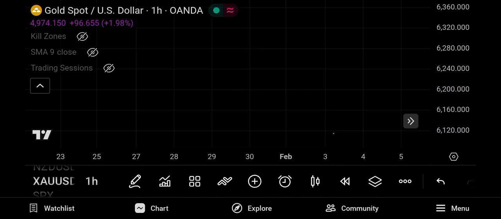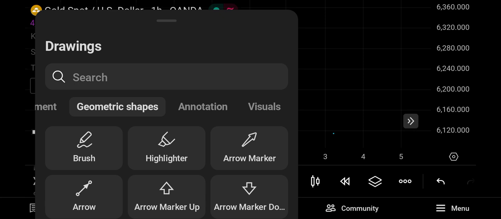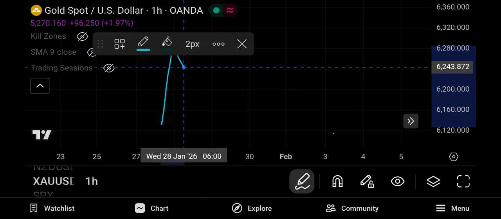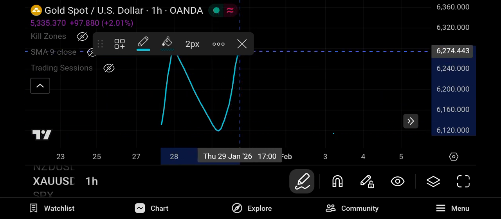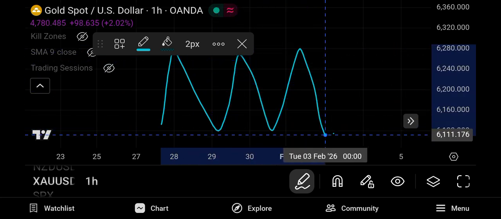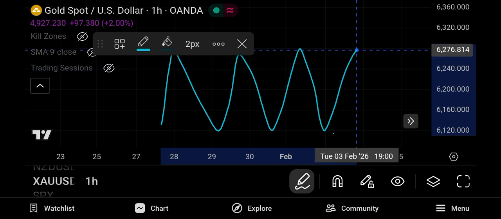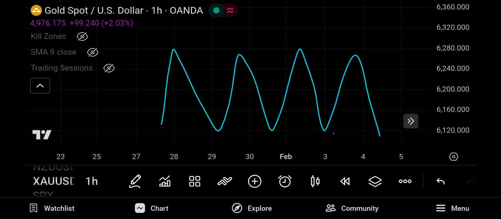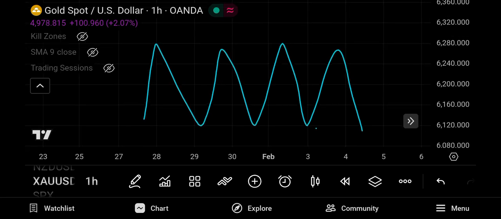Okay, so we are moving to a ranging market. A ranging market is a market made up of equal highs and equal lows. Don't get me wrong, I'm not trying to pinpoint anybody, but some people would actually tell you to trade trending markets.